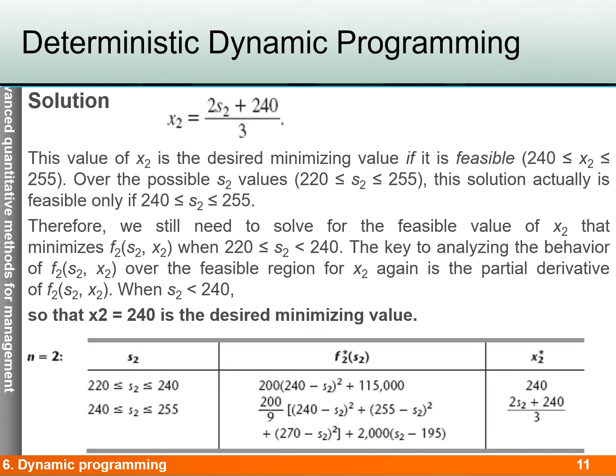So for the interval between 220 and 240, X2 is 240, that is the desired minimizing value, because for values less than 240, our X2 is not between its interval, that is 240 and 255.